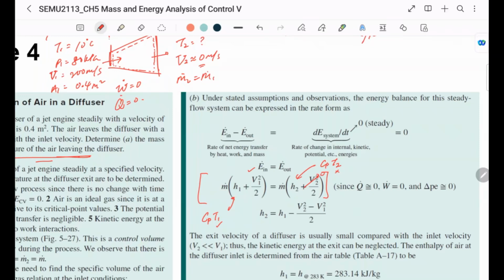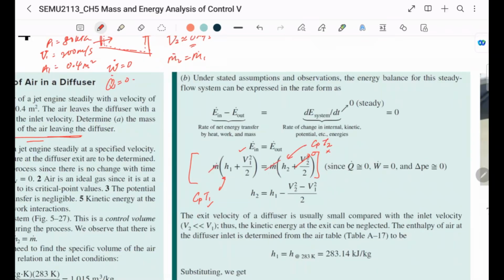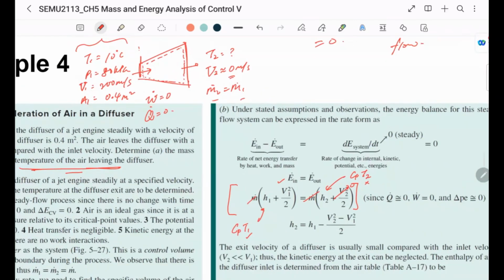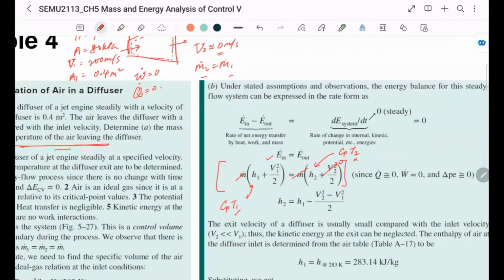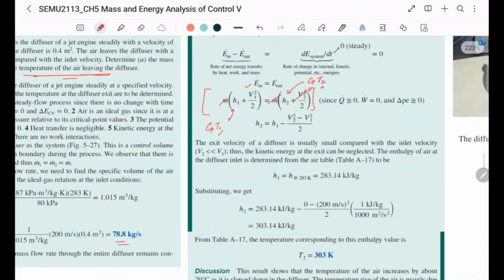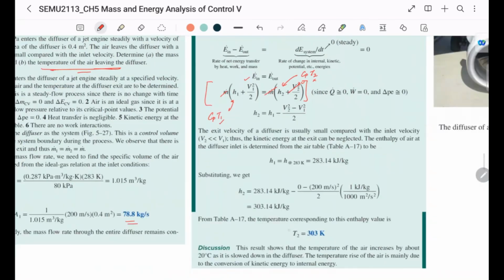So we rearrange the whole thing. Here, the mass gets cancelled out. Even if it doesn't get cancelled out, you know the number, so we can just plug it in, but it can be cancelled out anyway. Eventually, you will get to T2, which is about this temperature. So that's how we can solve a problem for a diffuser.